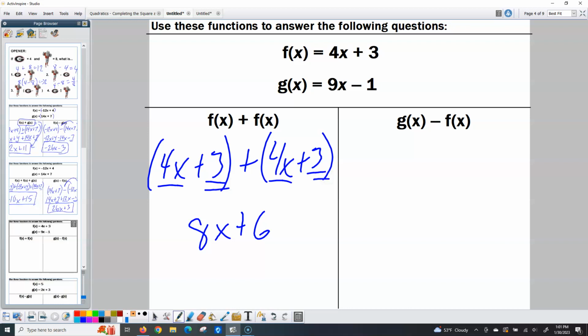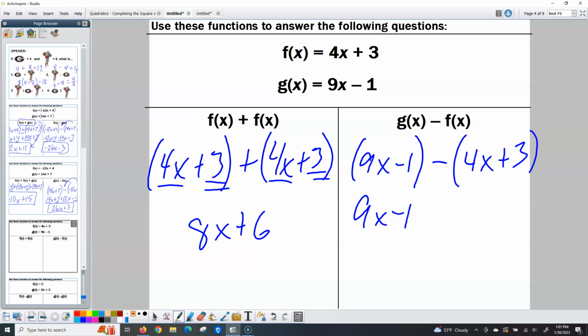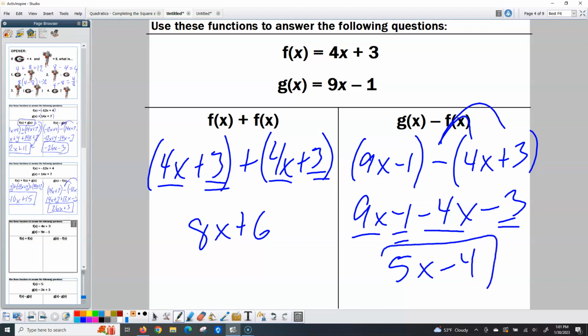Okay, next one I've got subtraction sign, so I've got to be careful with the parentheses. So g of x is 9x minus 1 minus f of x is 4x plus 3. So I'll have 9x minus 1 minus 4x minus 3, and then I'm going to combine my like terms. That's 5x, and that's negative 4.